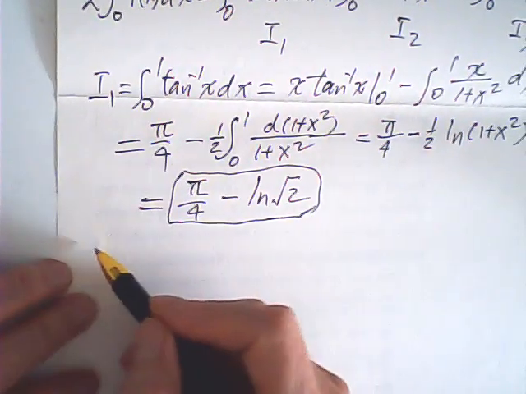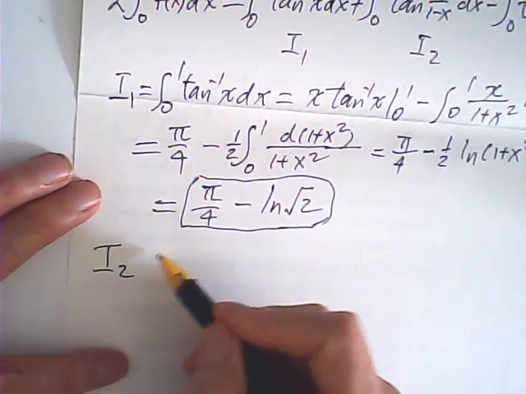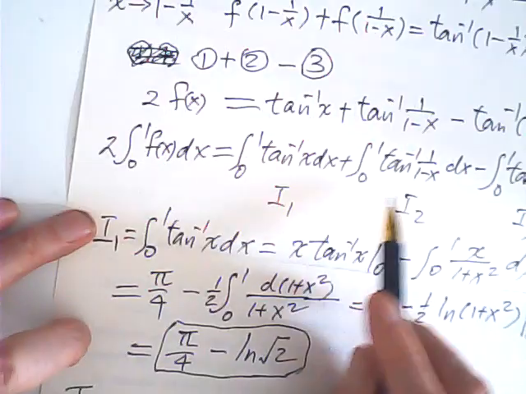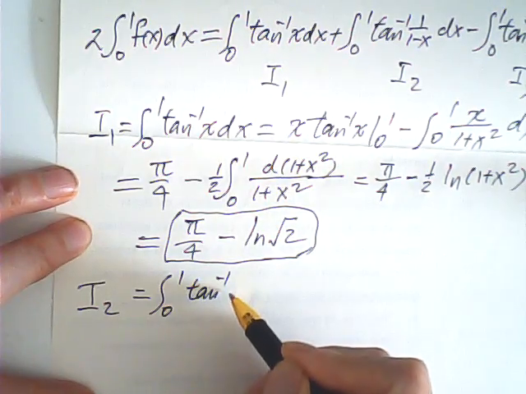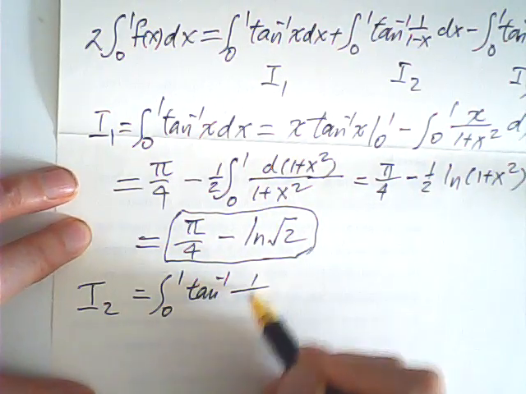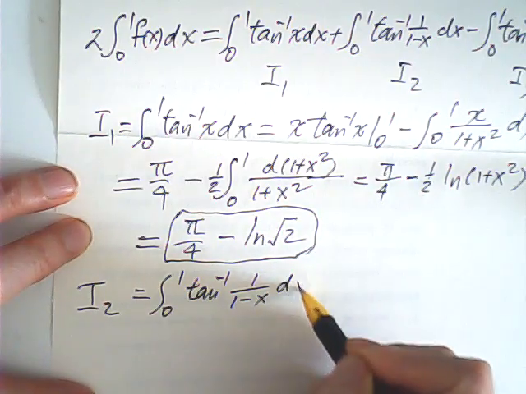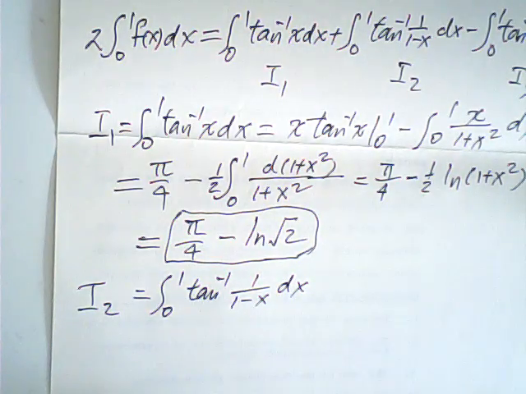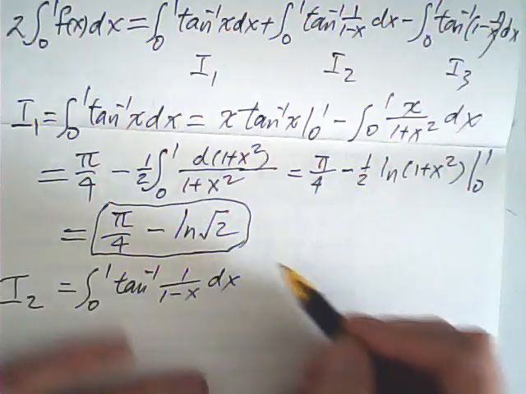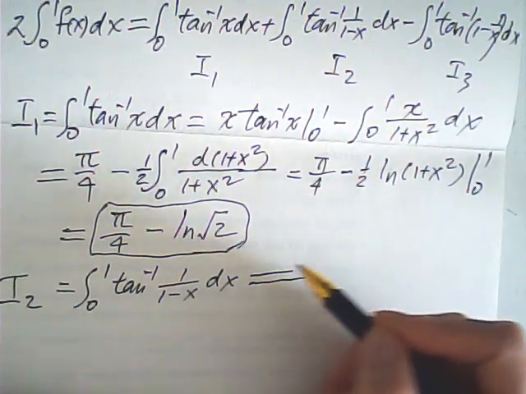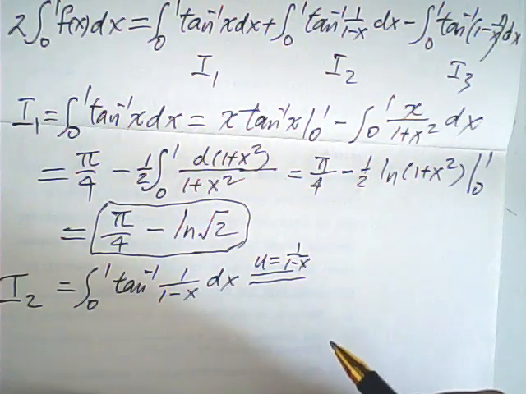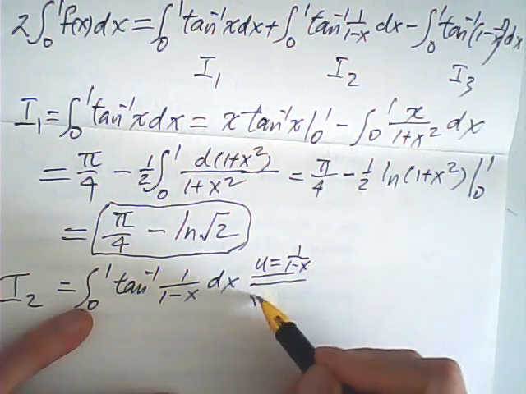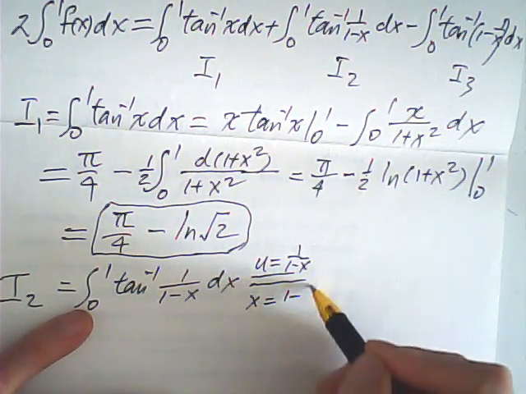And I2. I2 is this integral from 0 to 1 of arctangent of 1 over 1 minus x dx. Obviously I'm using substitution. Let u be 1 over 1 minus x, and we can find x is equal to 1 minus 1 over u.